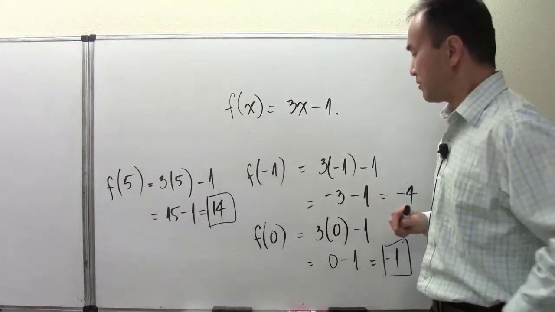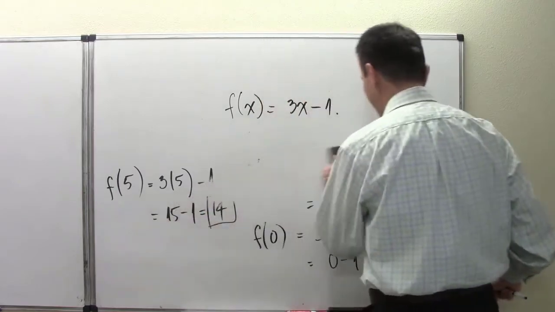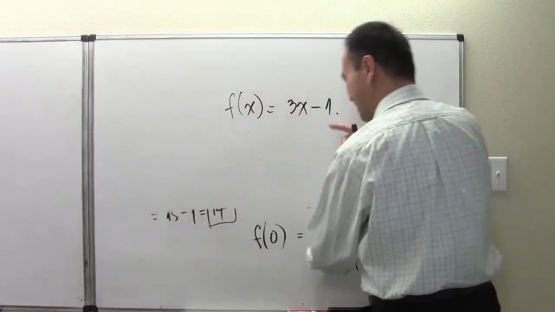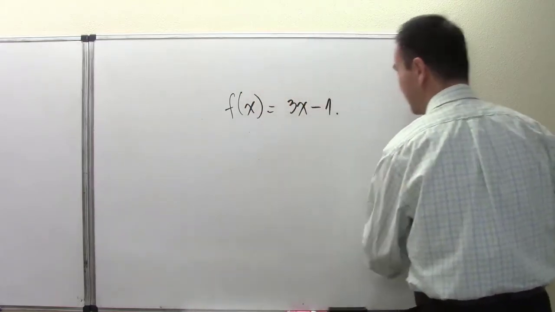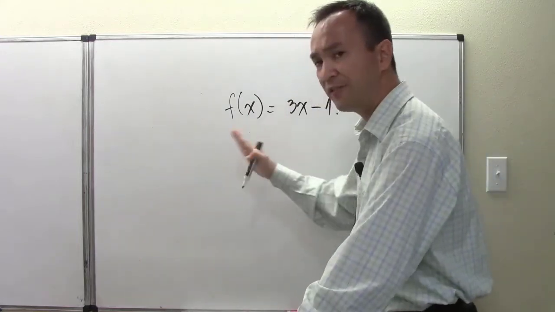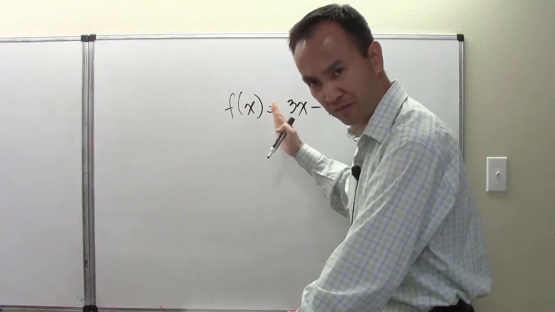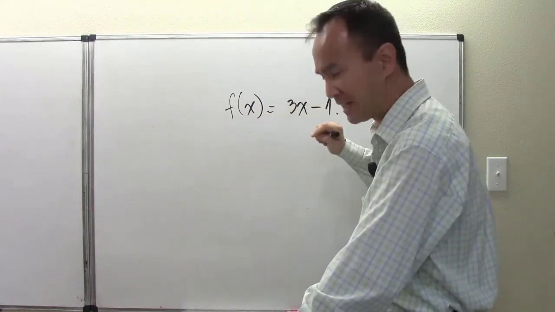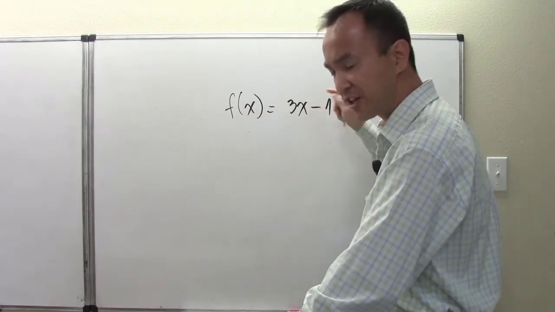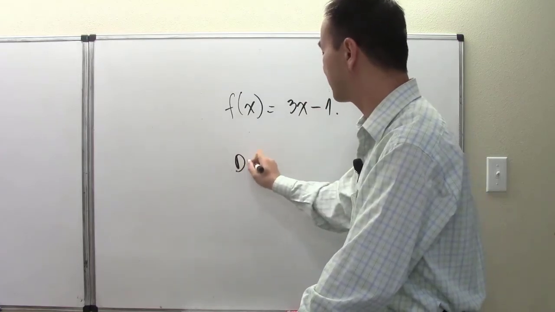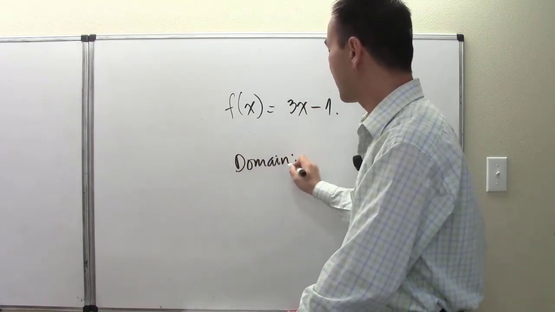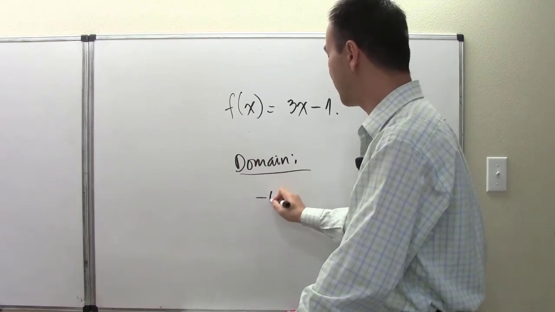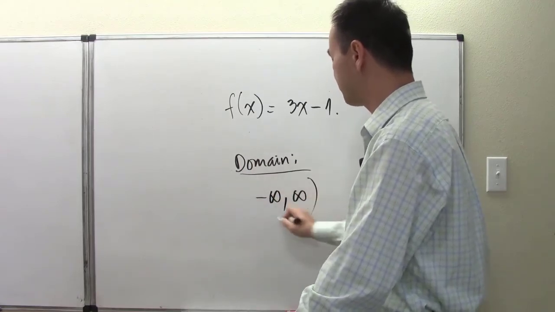So, in other words, with a function like this, where it only involves basic multiplication, maybe with some higher powers, and then addition and subtraction, the domain for this function is anywhere from negative infinity to infinity.